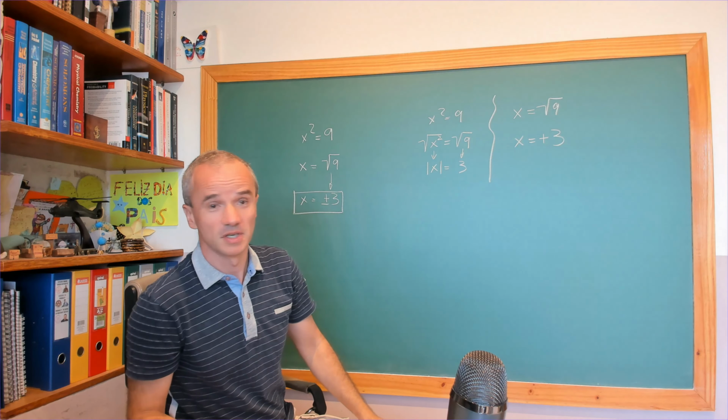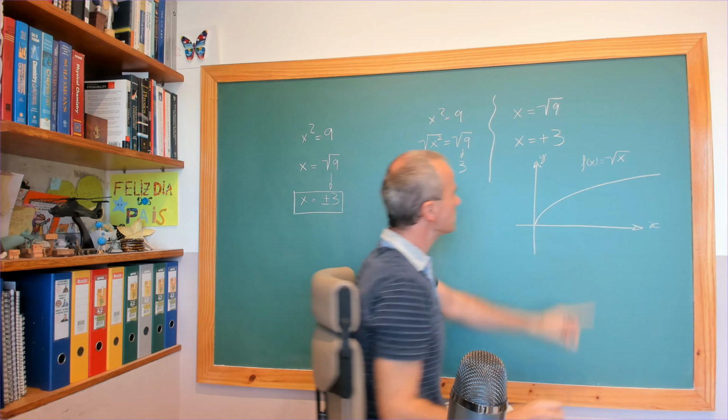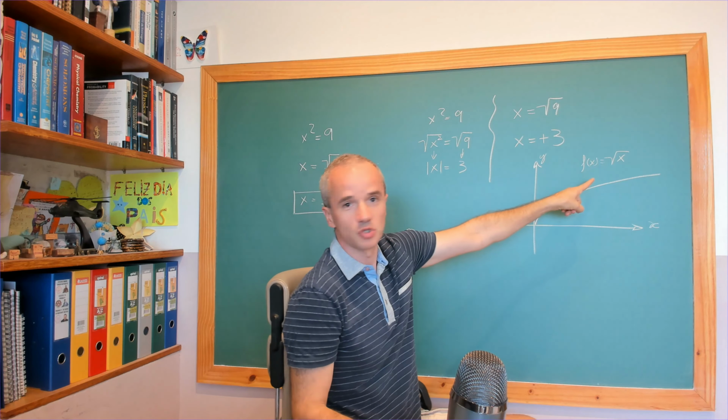Now, let me tell you something important in here. Why is this only plus 3? Well, when we plot the function, this is the function f of x, square root of x. This is x, y. This is the function, square root of things. Square roots, they're all positive. There is no negative in here.